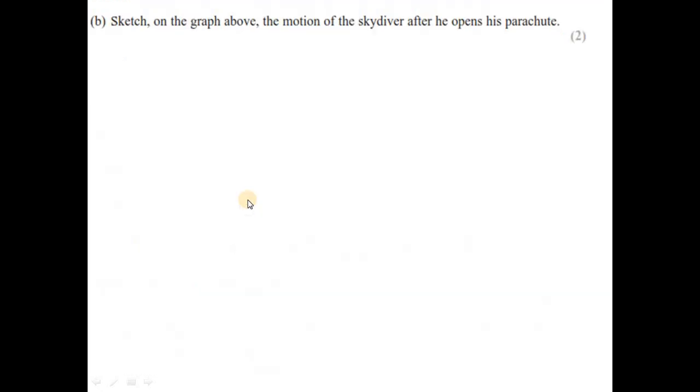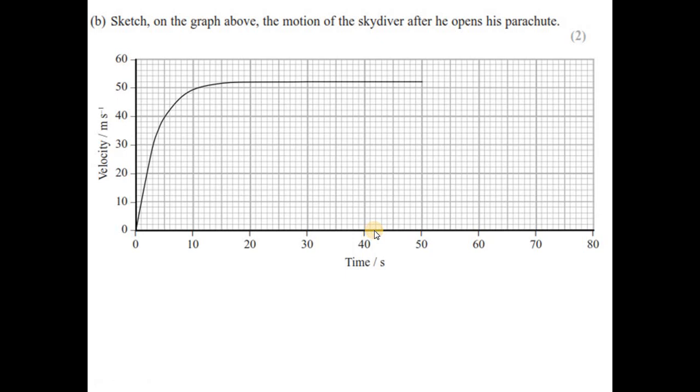Okay, part B. Sketch on the graph above the motion of the skydiver after he opens his parachute. So this is the graph, and you need to sketch the diver after opening the parachute. After 50 seconds, if the diver opens his parachute, then drag force increases dramatically.